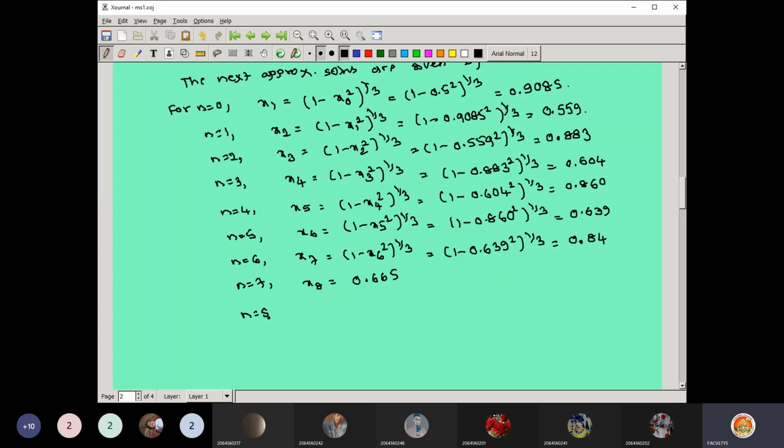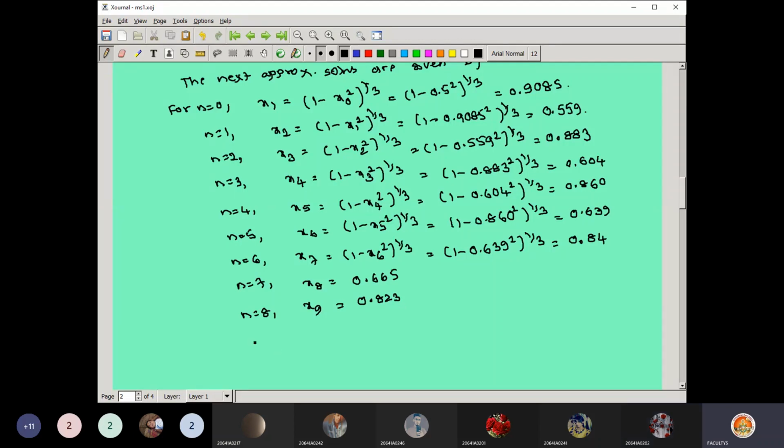So you go for n equal to 8, so that x9. Definitely you will get the answer, maximum at the 10th or 11th position. What is your x9? 0.823.